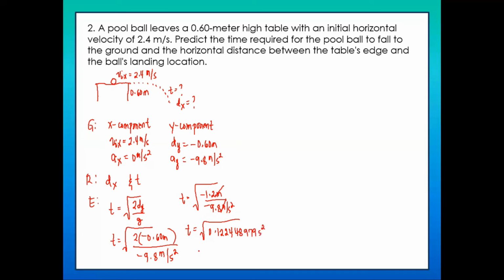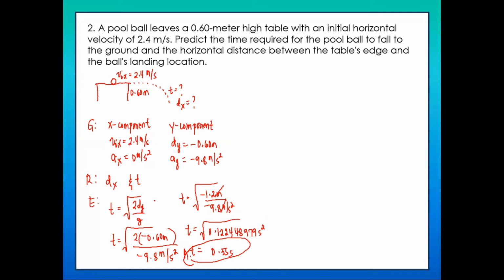So, square root natin, t will become, okay, as our answer, t will become 0.35 seconds. 2 decimal places tayo always. So, we're done with getting the value of t. That's the time for the pool ball to land on the ground.